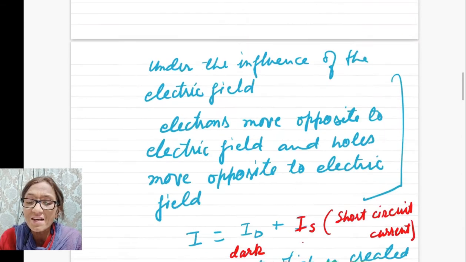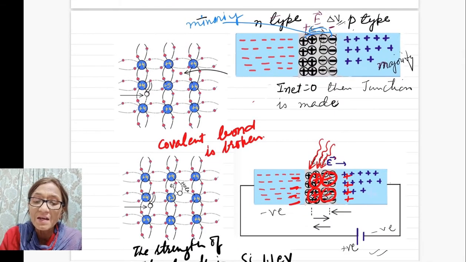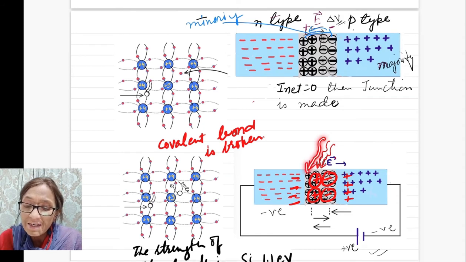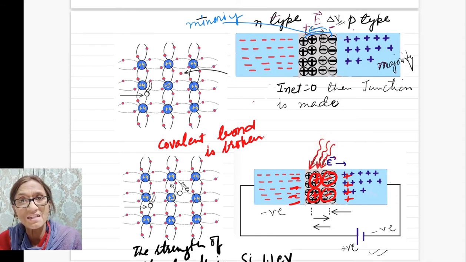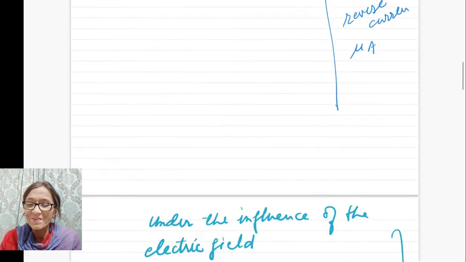So short circuit current depends on the intensity of this EM radiation. When you increase intensity of EM radiation, the current also increases proportionally. They are directly proportional.